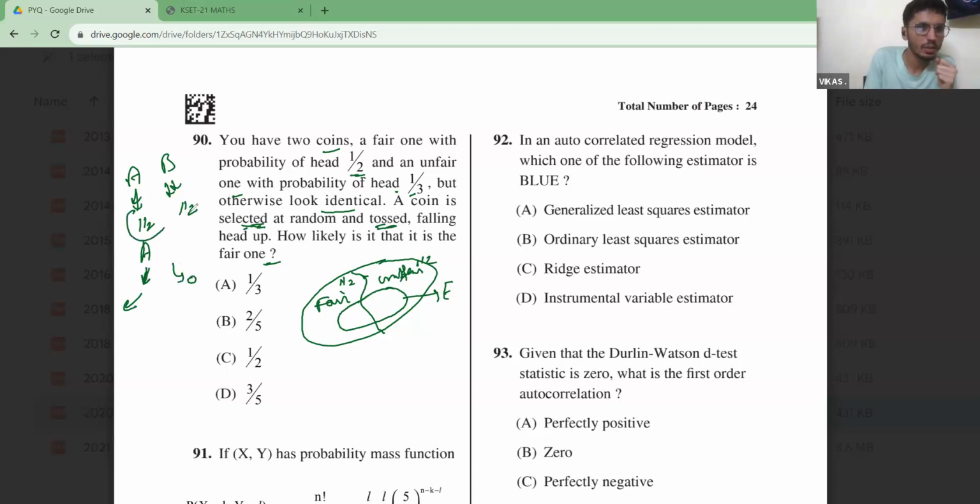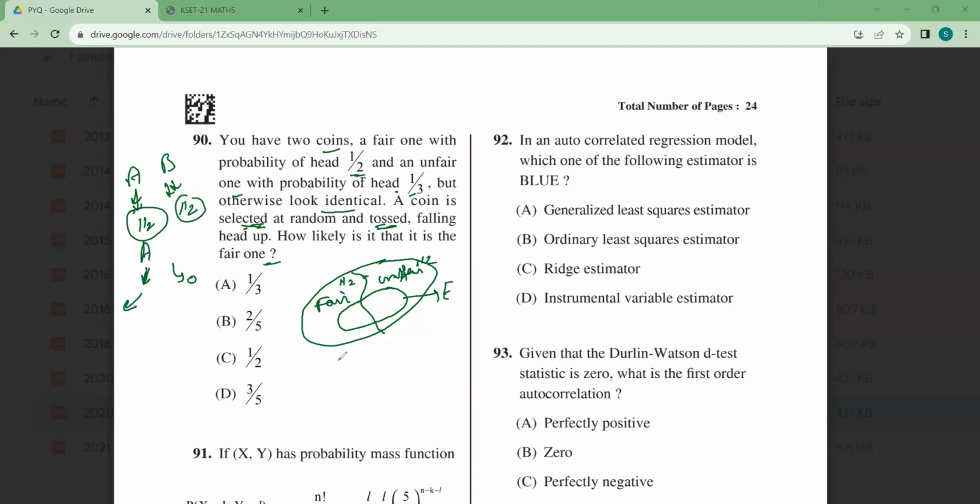So choosing any one of them has the same probability, obviously 1 by 2. So this is the fair coin, this is the unfair coin.